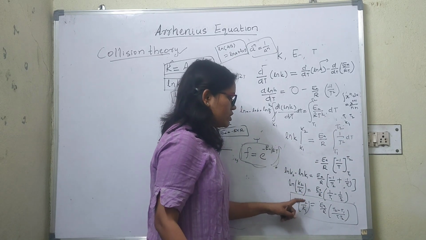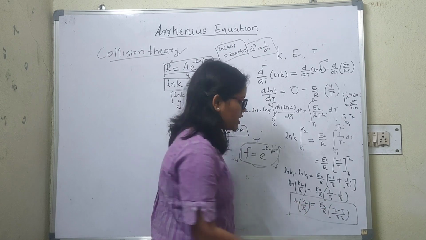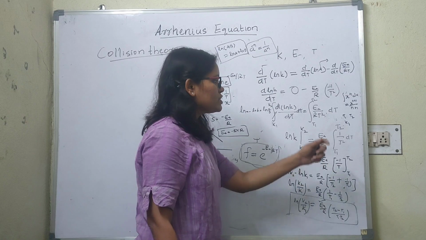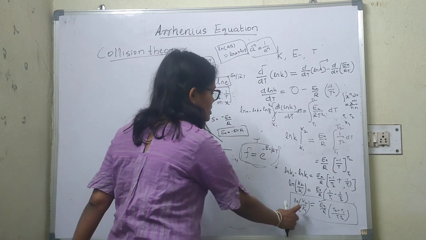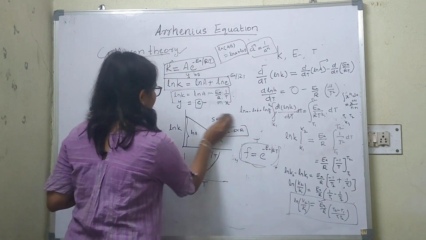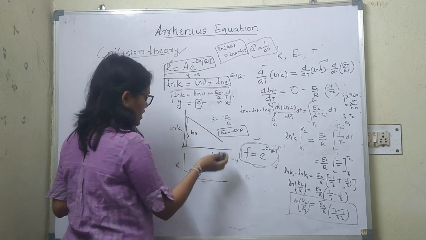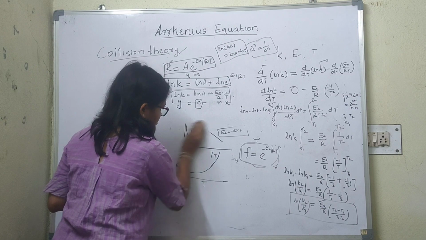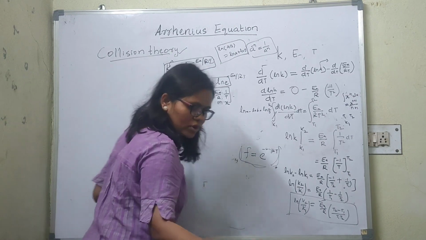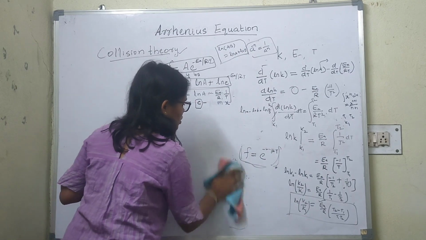Suppose you are given K2, K1, T1 and T2, they can ask you to find the activation energy. So this is how you use this equation in problems. This equation is also very important to solve problems. I think you have noted this down. So the third form is the integral form, which is very important to solve problems.